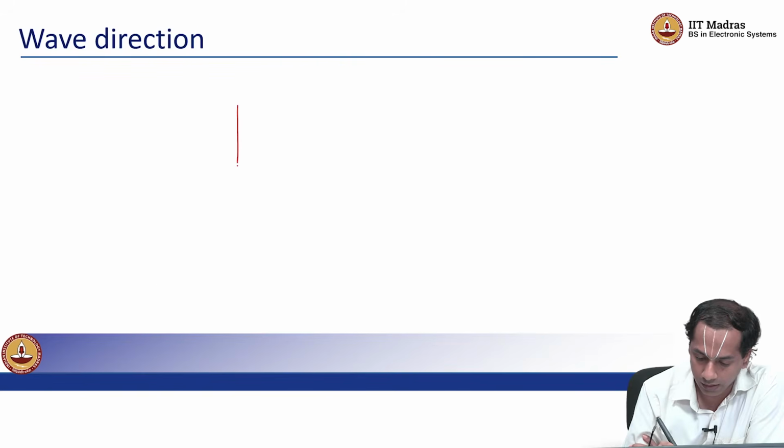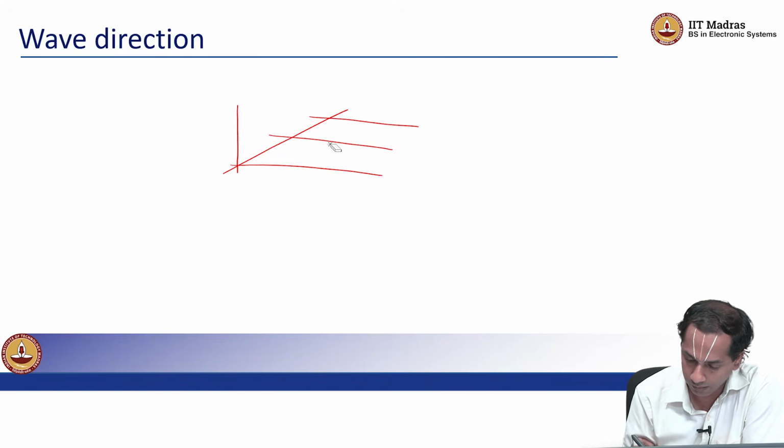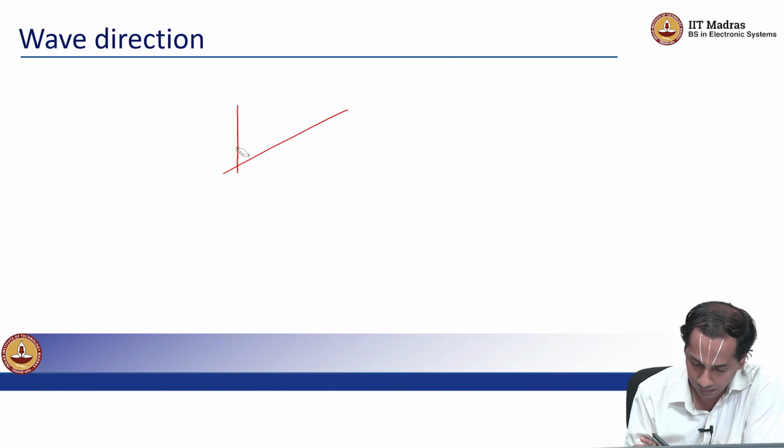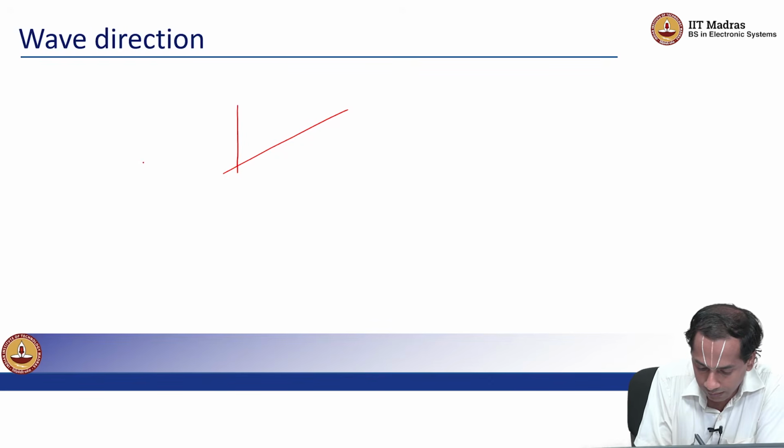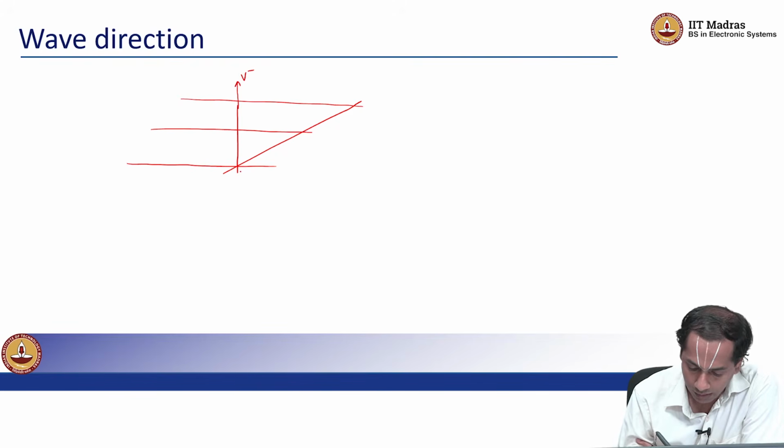So let us quickly look at this. This is now my V minus, this is my x equals 0 and t equals 0.